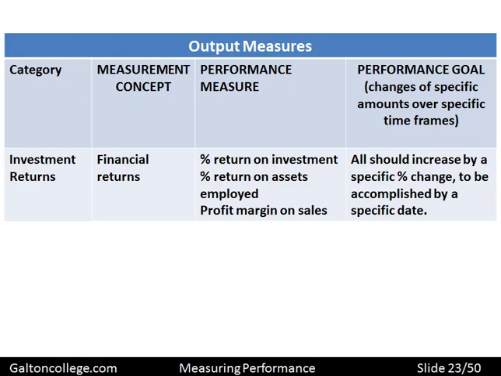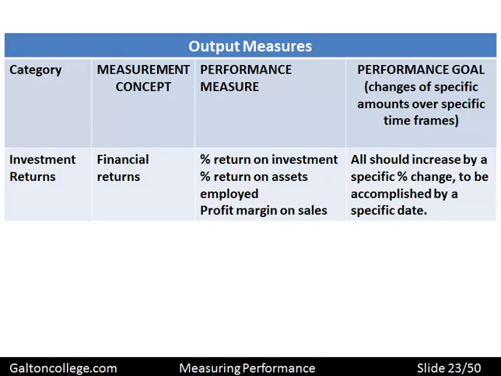Once we've identified it, if we're going to use it over time, clearly we'd stick to the same measure. Otherwise we'll not get comparability over time. So we need to work out what we're trying to determine here. We need to decide on a performance measure and then in a sense stick with it. And then we have to have a performance goal.